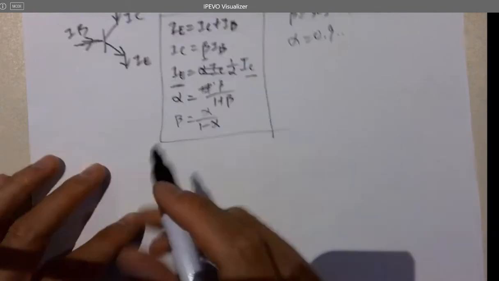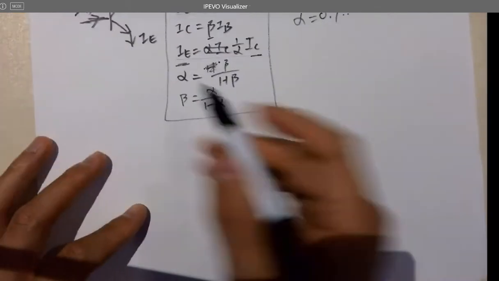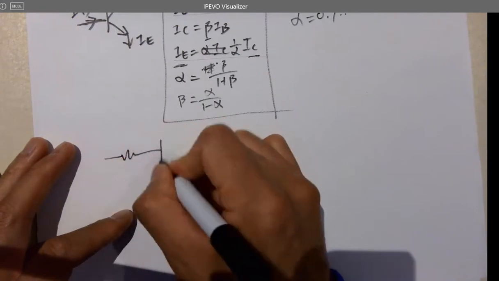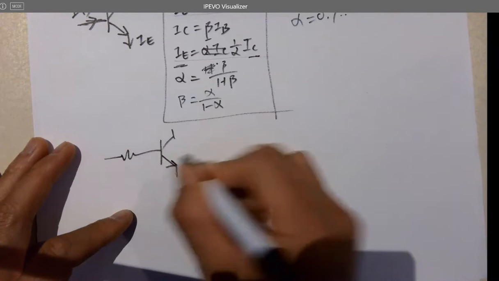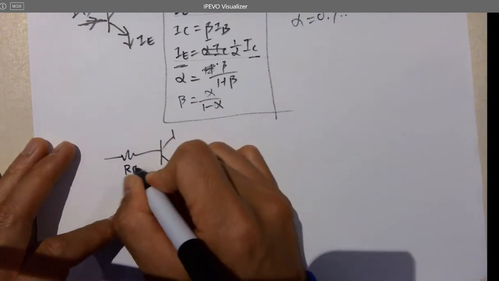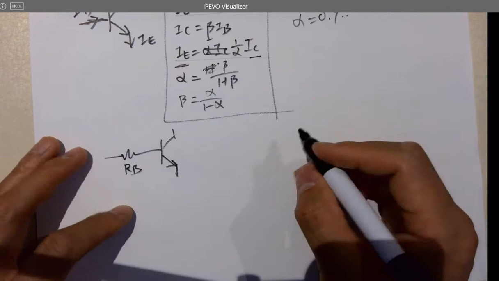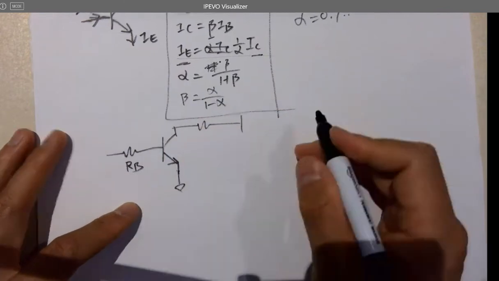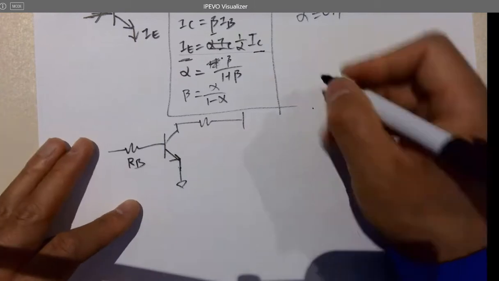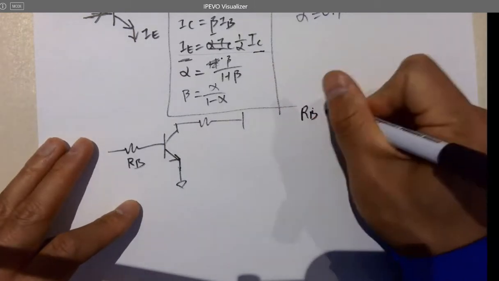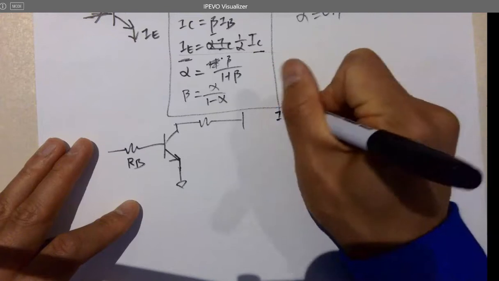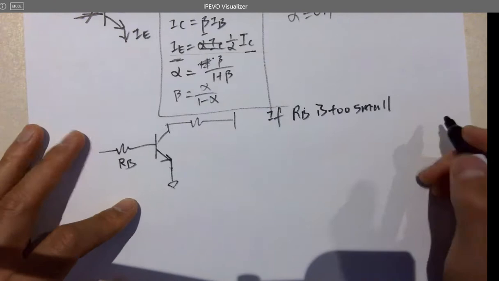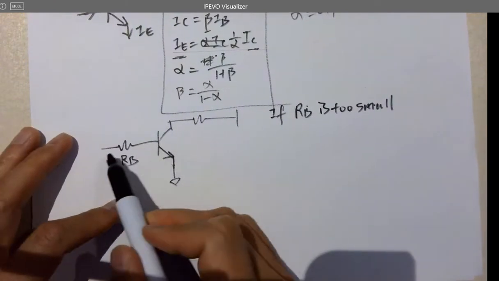Before we do that, another thing you need to know. Usually we have an RB, a base resistor. If RB is too small, then this transistor will be blown up because it's not limiting.